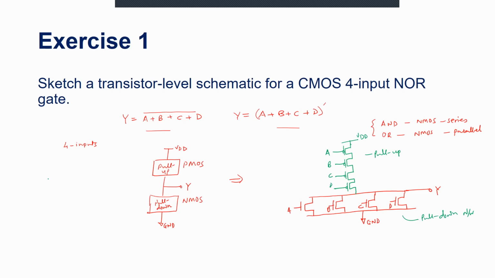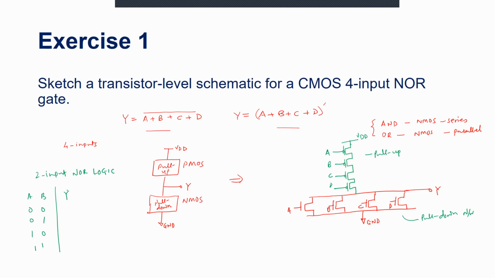The truth table for the NOR, let's say 2-input NOR logic, is simple. We have 2 inputs A and B, and there are 2 to the power 2, that is 4, possible input combinations: 00, 01, 10, and 11.